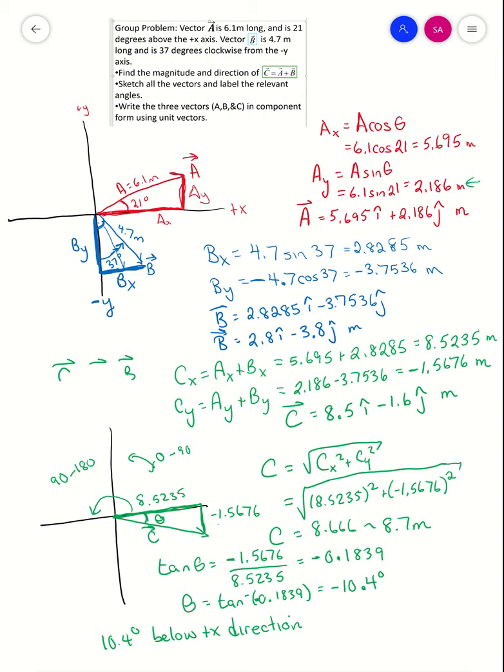And then if you're below the axis, you're going to go from 0 to negative 90 in quadrant 4, and in quadrant 3 it's going to be between minus 90 and minus 180. So in Mastering, it asks you to give a number between plus 180 and minus 180. So then you would just put your number in as minus 10.4 degrees.